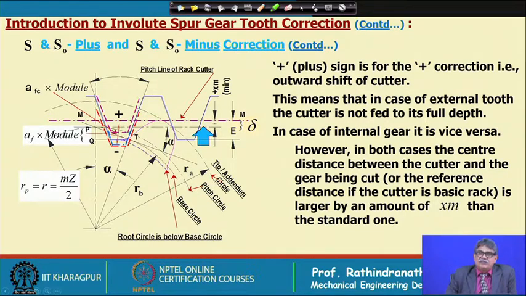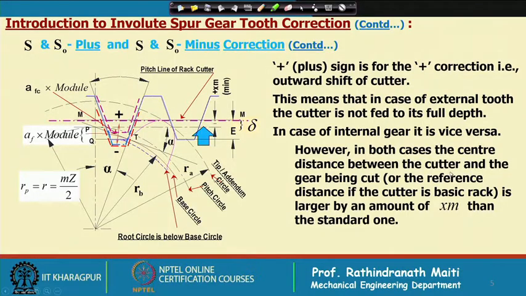Now, what we are doing, definitely the cutter is inside and we are increasing the center distance. Increasing center distance means positive correction, and for that it is going further, it is cutting the internal gear to a further depth. So, that we should keep in mind. Of course, it can be taken otherwise also, only we have to remember the sign convention.